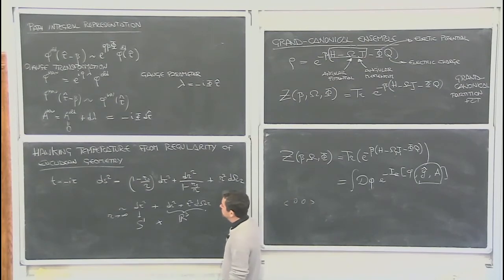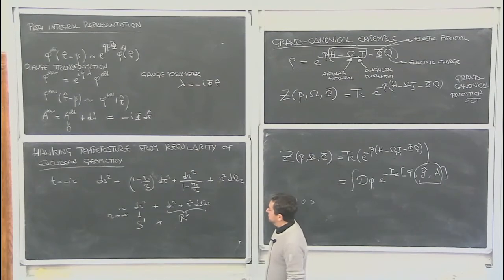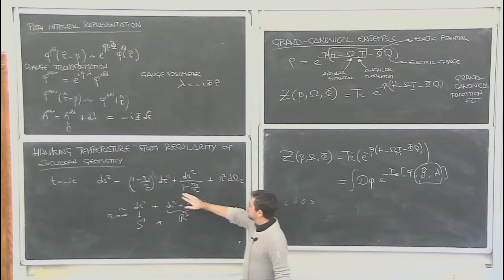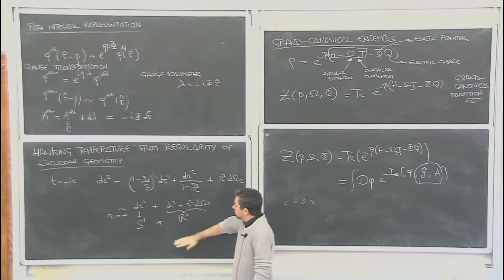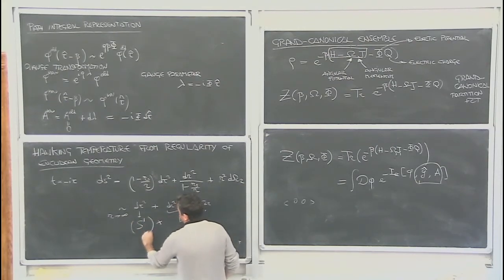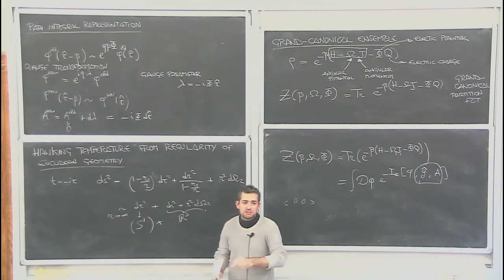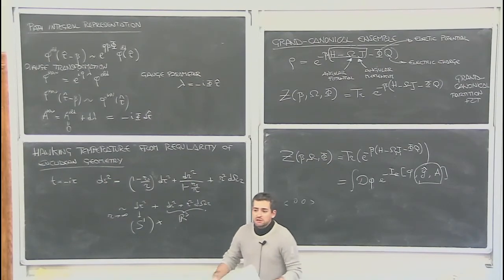Okay. And so far, I anticipated a bit the fact that I have identified this. So far, we may even work with R. But if we want, we can do this, because after all, we want to work at finite temperature.